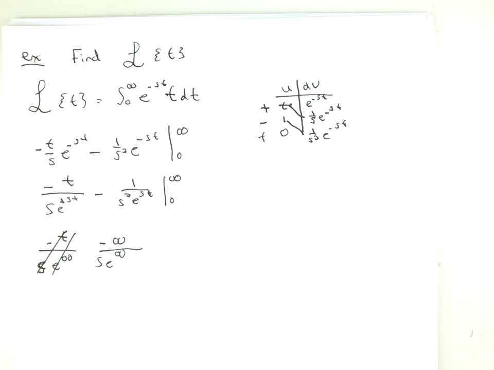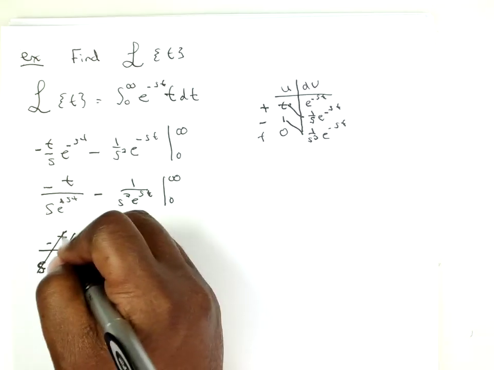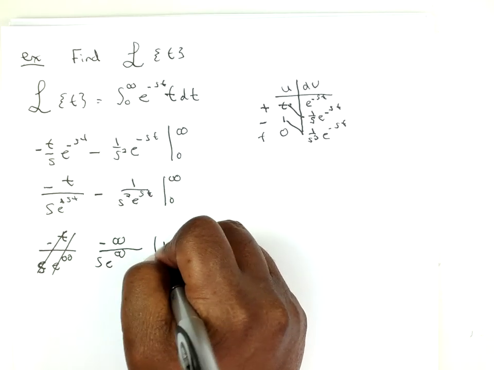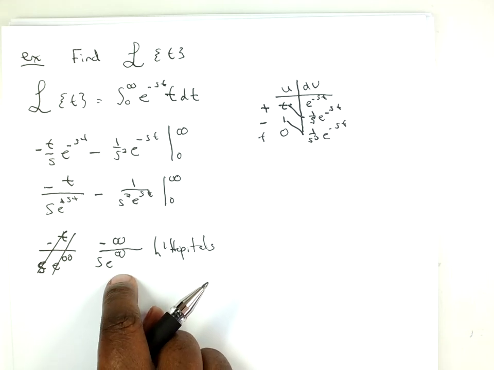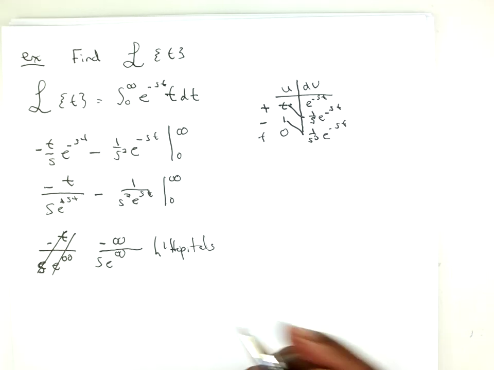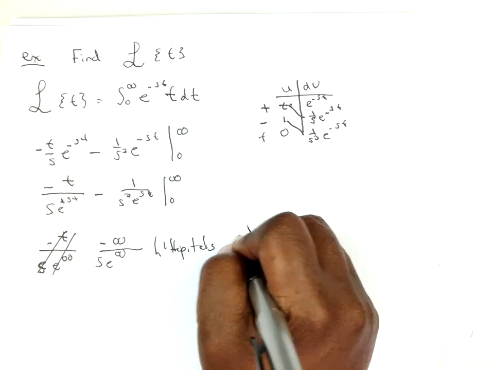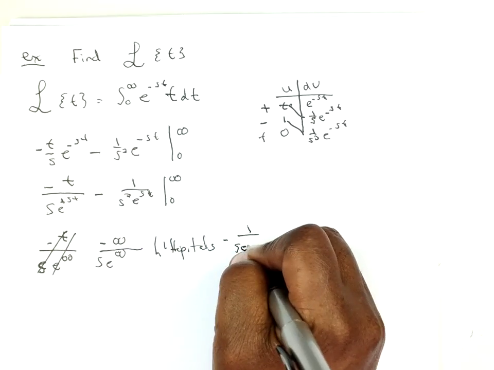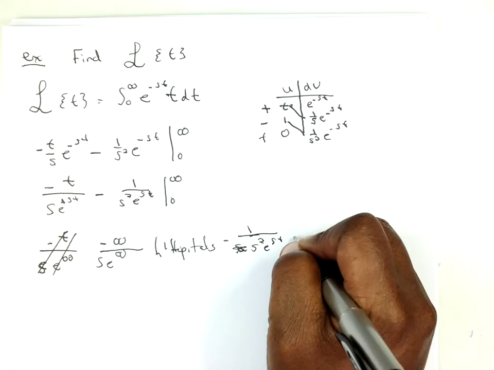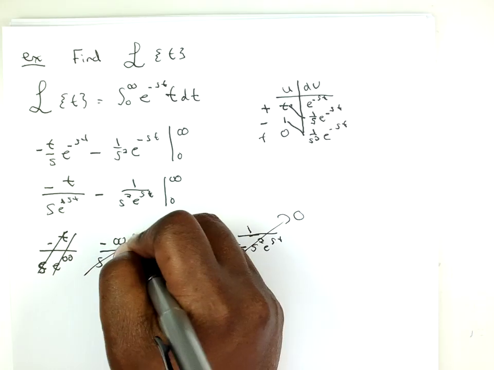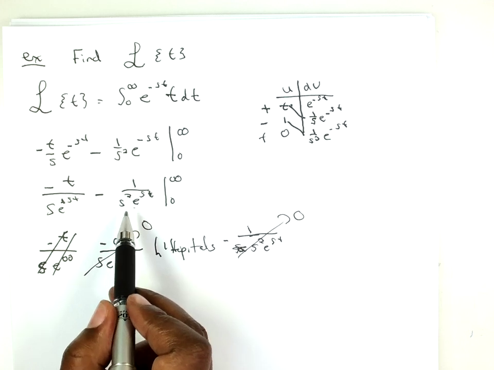So we can apply L'Hopital's, and then that derivative on top is just going to go to 1. And then we get 1 over infinity, so that term's going to go to 0. When I look at the second term, 1 over s squared e to the st, that term is also going to go to 0. So both of these terms go to 0 when I evaluate it at infinity.